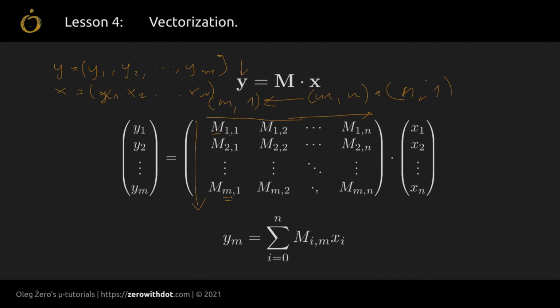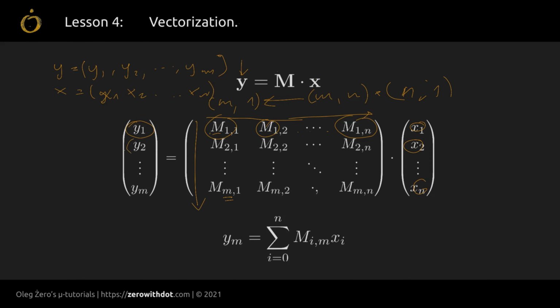And the way it is being done is that the first element of vector y is going to be a dot product of this element with this element, plus this one multiplied with this one, all the rest of them, and this one times this one.